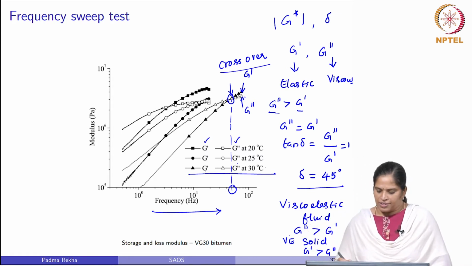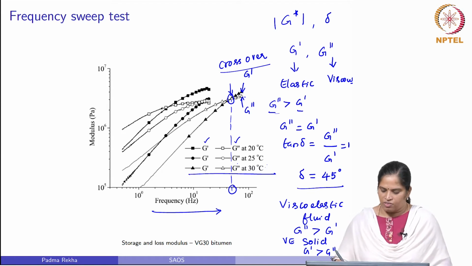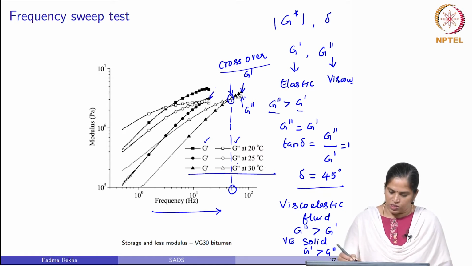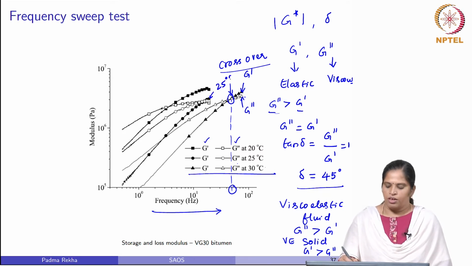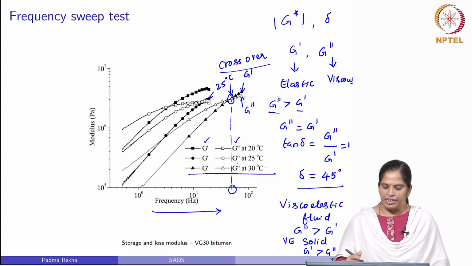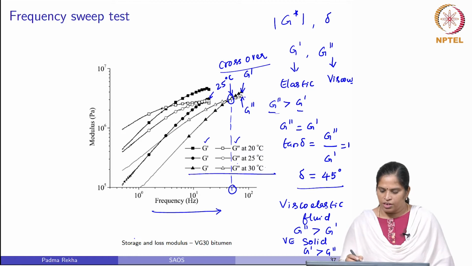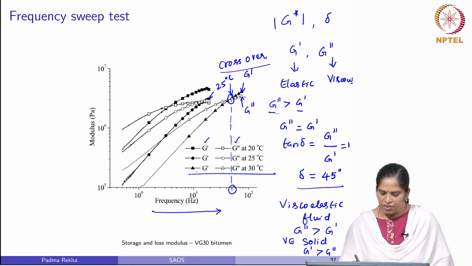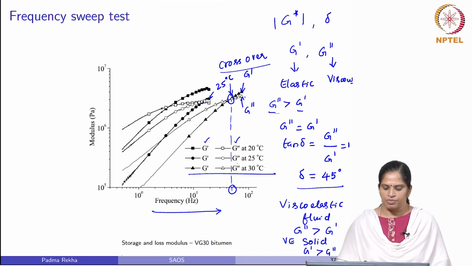Now, as the temperature varies, say from 30 degrees to 25 degrees Celsius, you can see that there is an increase in the modulus as the temperature decreases, and the crossover point at 25 degrees Celsius occurred even at a lower frequency.